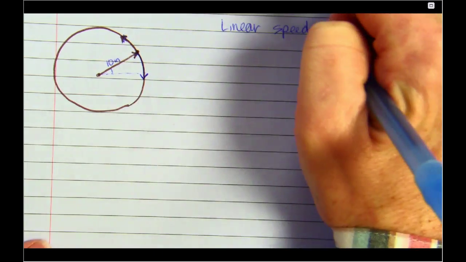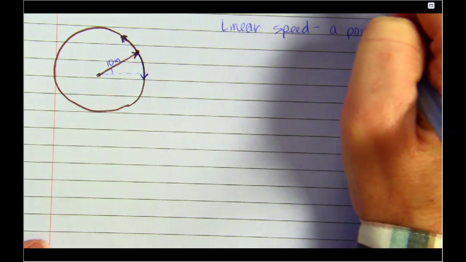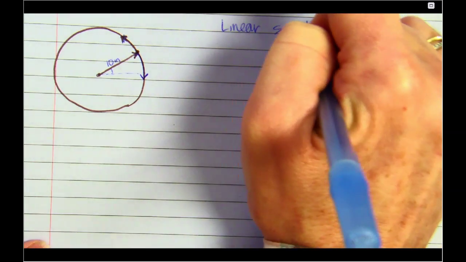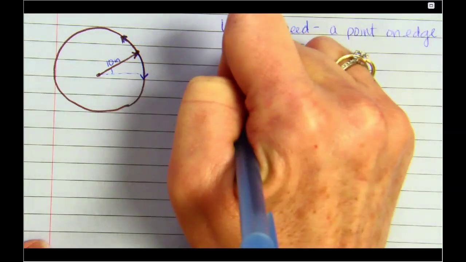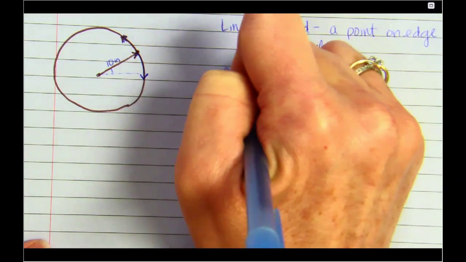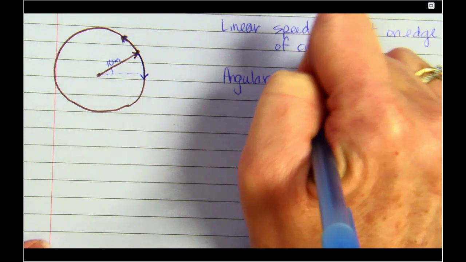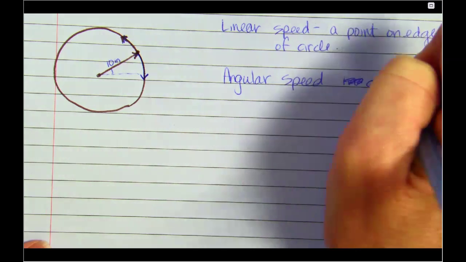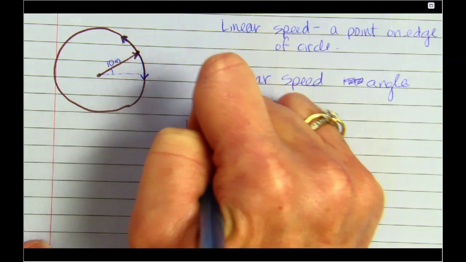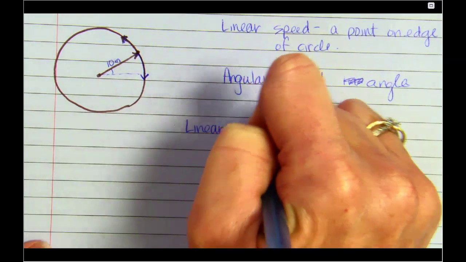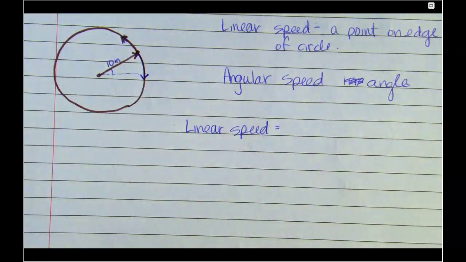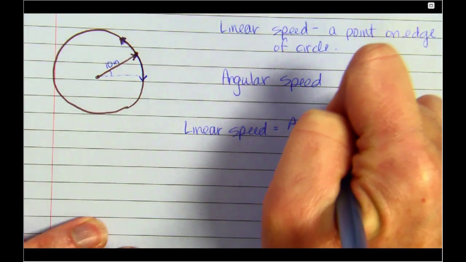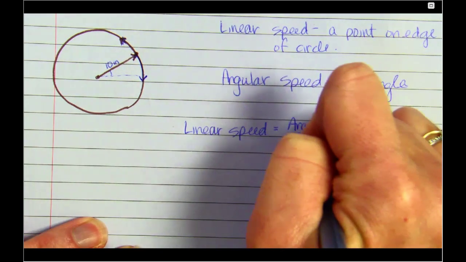So this would be a point on the edge of the circle. Okay, and angular speed is actually the angle, because that should make sense. Okay, is the angle. So linear speed, the formula for linear speed is the arc length divided by the time.